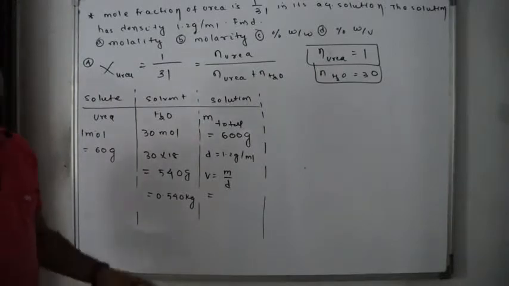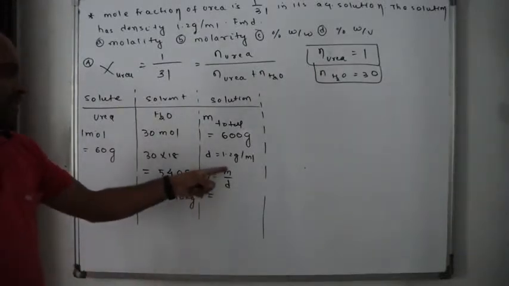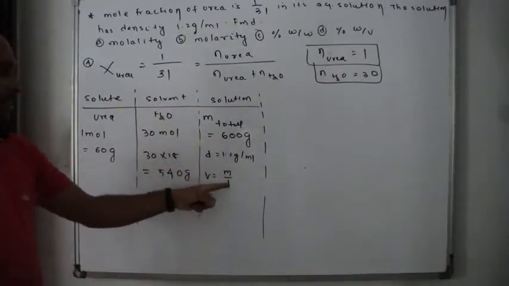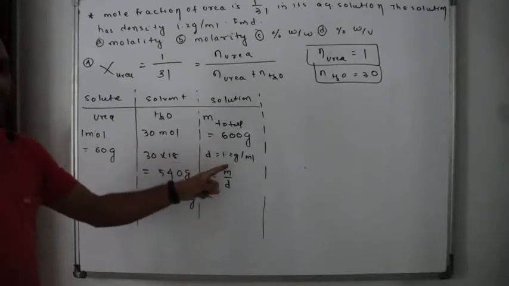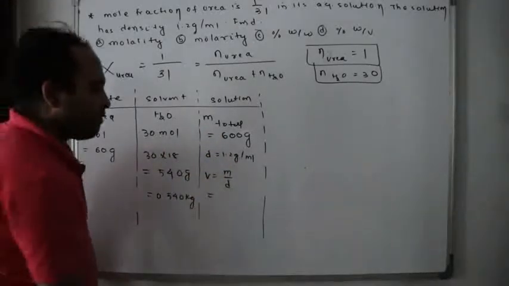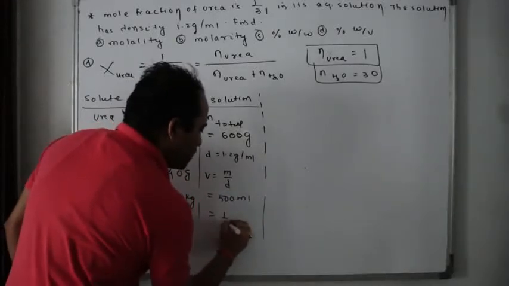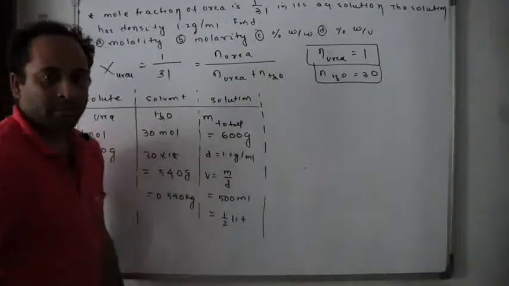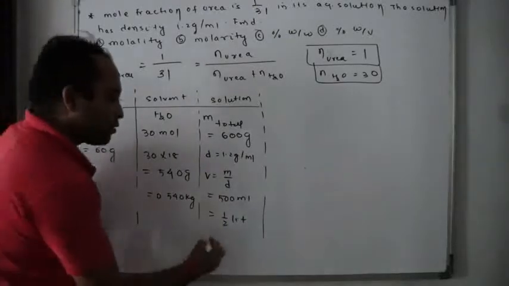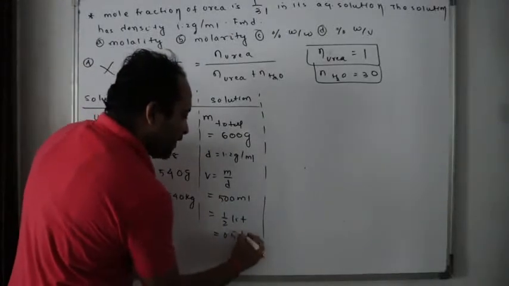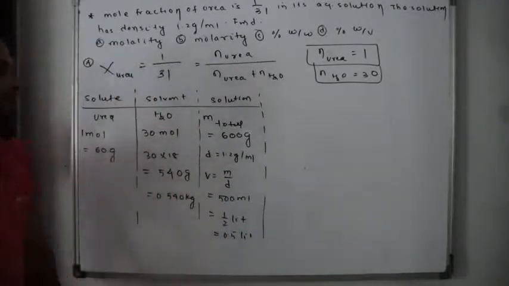Mass is 600, density is 1.2. 600 by 1.2 is approximately 500 ml or 1 by 2 liters, that is equal to 0.5 liters. Now let us go for any questions you ask.